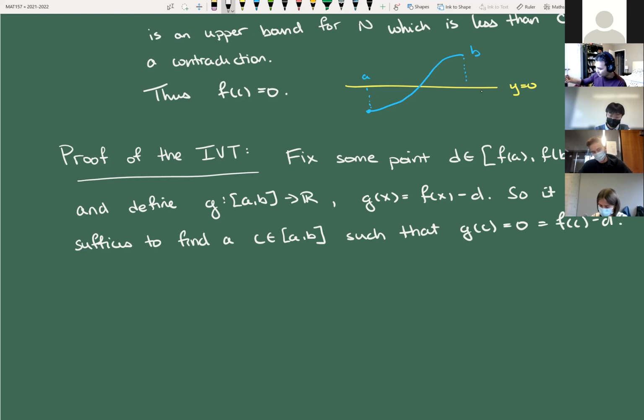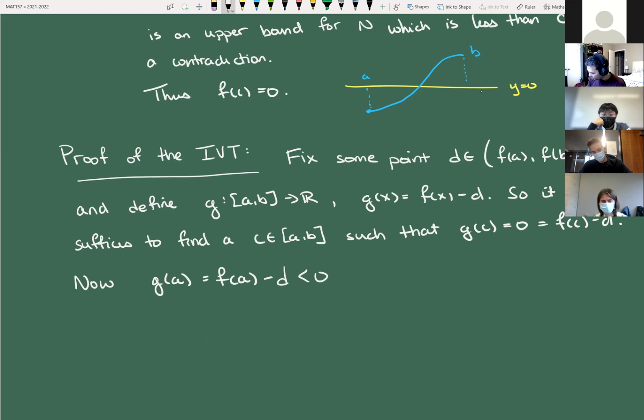Okay, so I need to show, by the proposition that we just did, that g of a is less than 0 and g of b is bigger than 0, but that's immediately true, right? Because I've got f of a minus d. I'm actually going to take this in the open interval here, just so I don't have to do cases. But if it's equal to f of a or f of b, obviously a and b work, right? Okay, so because d is in the interval (f of a, f of b), then d is bigger than f of a, right?